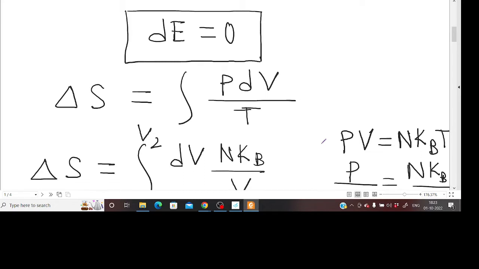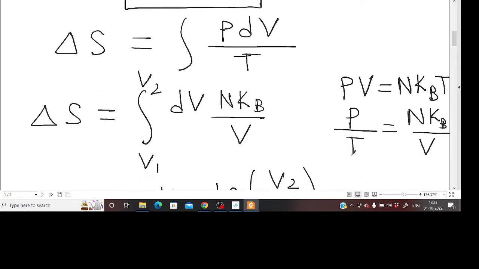This is the equation of state of an ideal gas. And what is P by T? P by T is equal to N kB by V. So just replace P by T with N kB by V here.